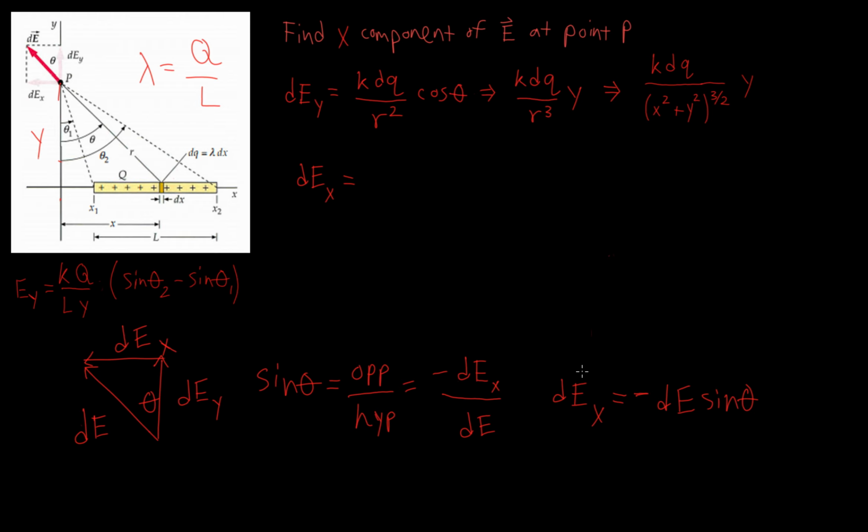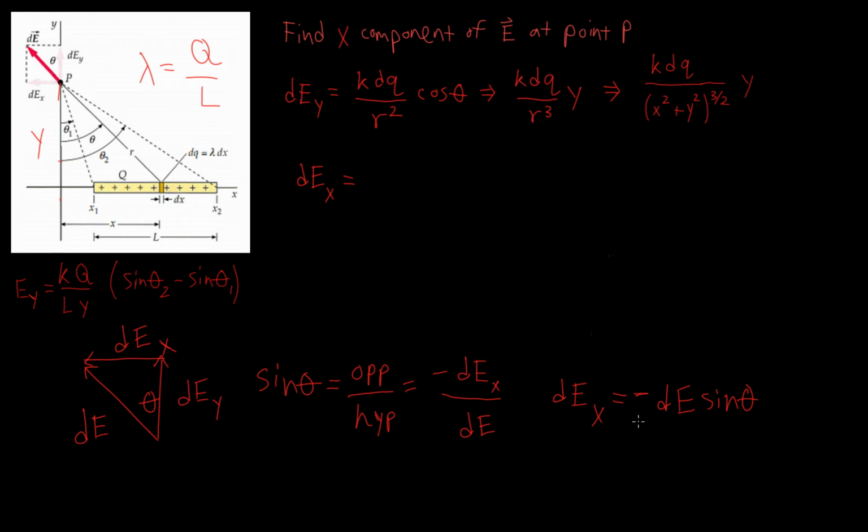And remember that dE just represents a very small amount of electric field caused by this really small segment of charge. And this small segment has a width of dx and has a charge of dq. And this creates a small amount of electric field at point P.